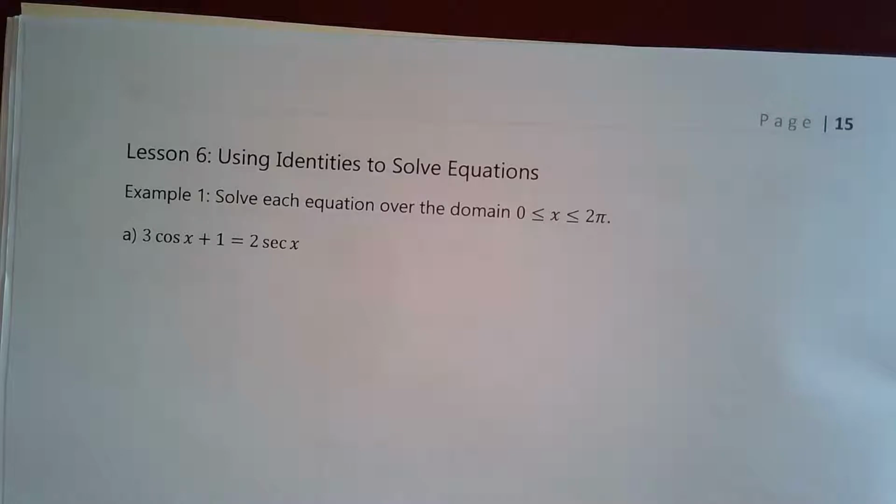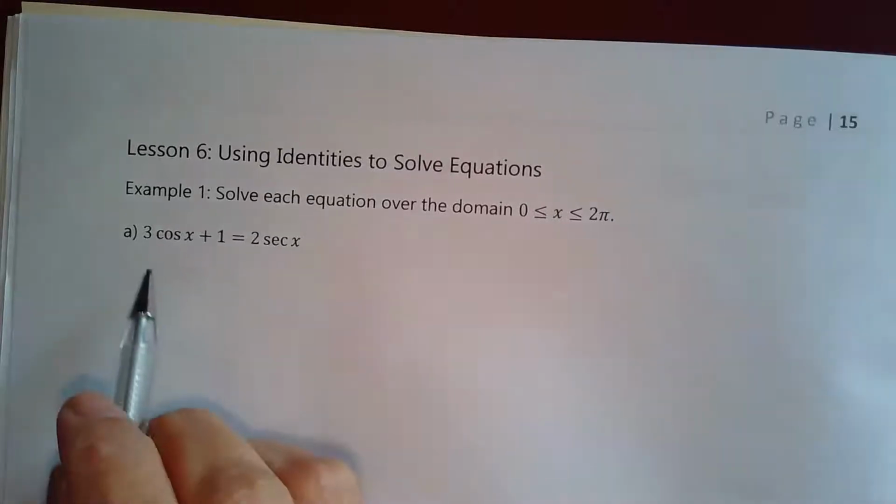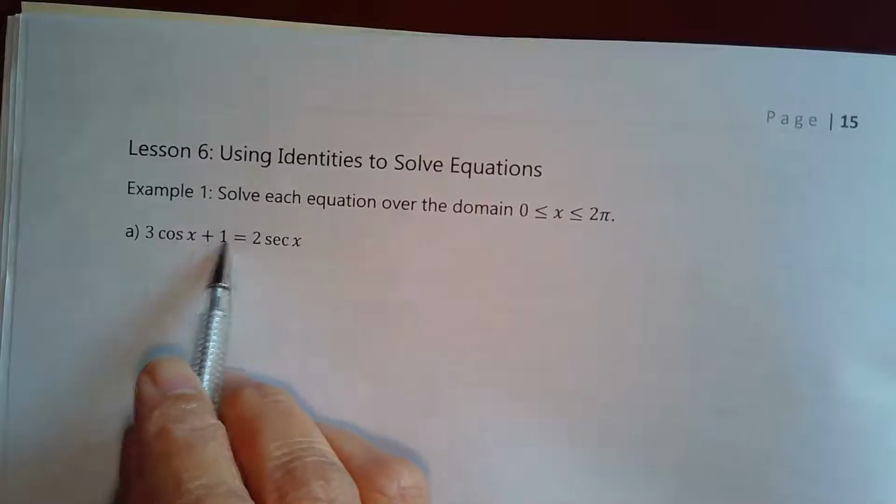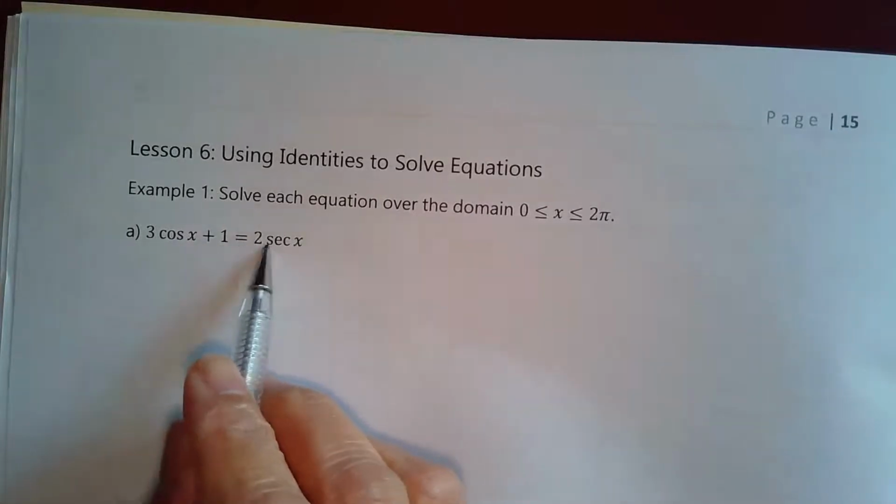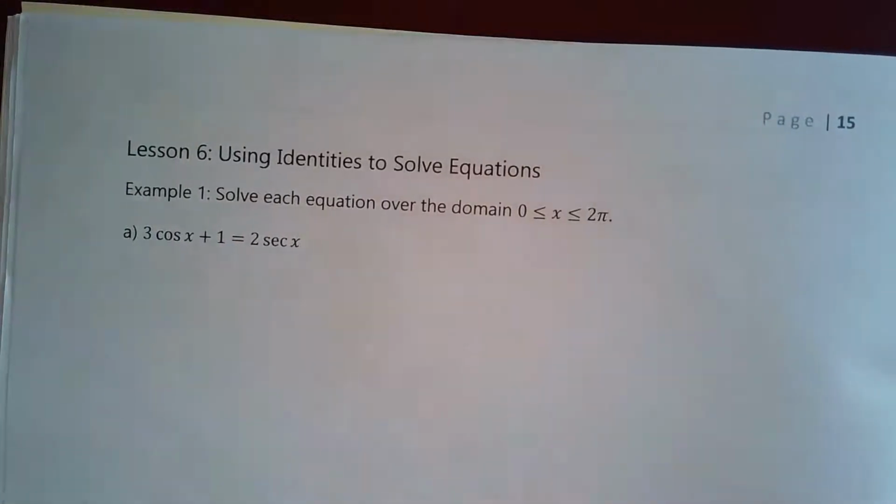I'm just going to grab a pencil. That one doesn't work. Okay, so 3 cos x plus 1 equals 2 times secant x.